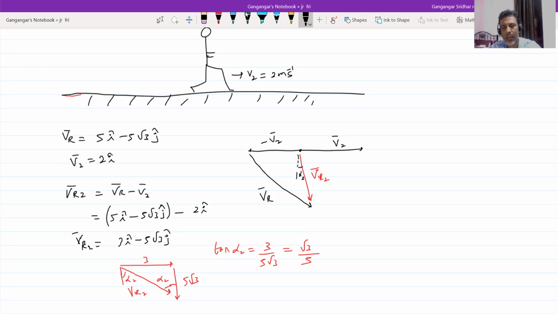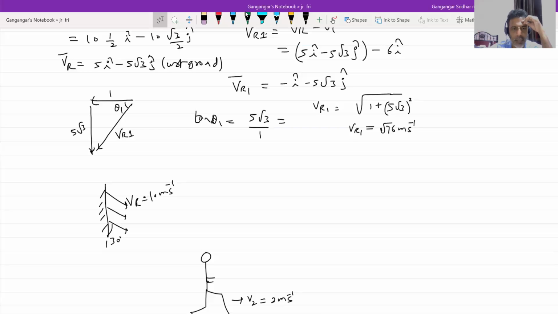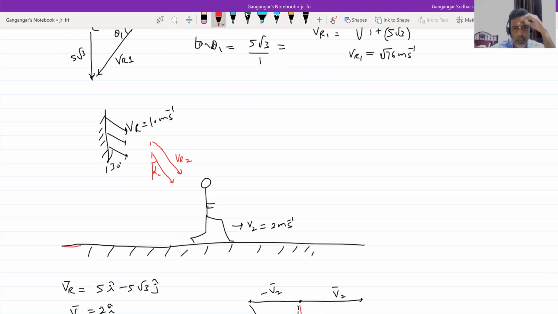So how does the rain come now? He has to hold the umbrella in such a way that the rain comes in this direction. So the dome of the umbrella should be against that.